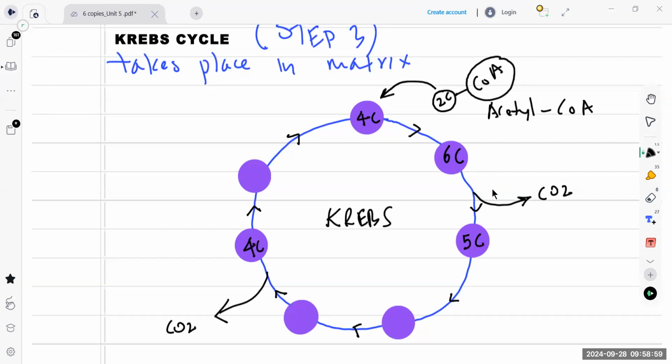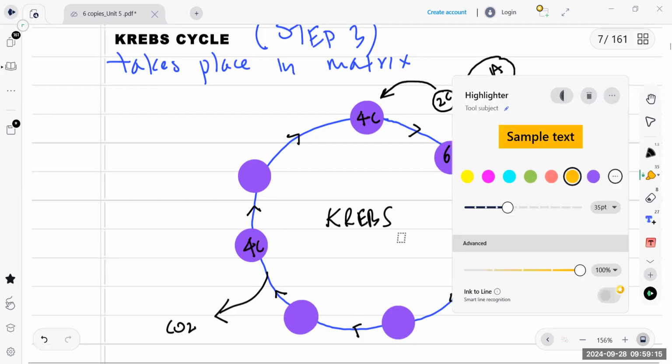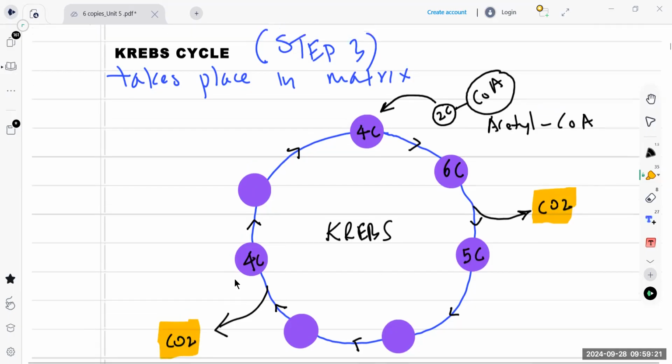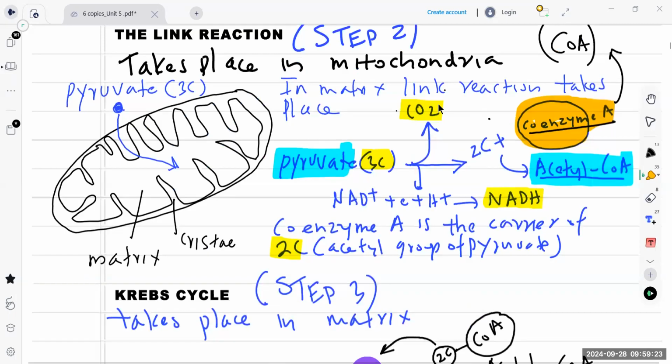So 2 carbon dioxide molecules are released in the cycle. Counting the one from the link reaction, this is 1 carbon dioxide molecule, this is 1, and this is 1.